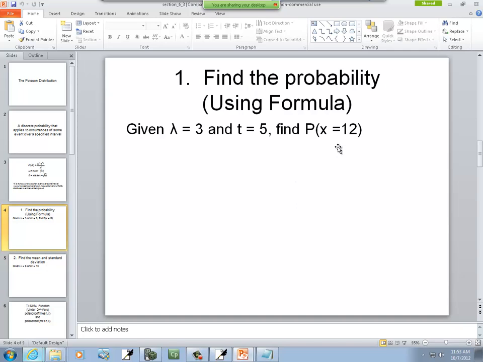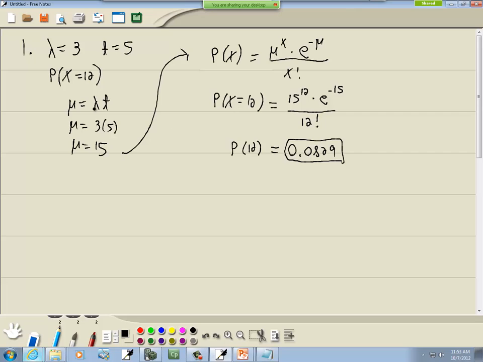Now, one thing I'll mention about the formula, there are no tables on this, by the way, because your mean might be different on every problem. So you'd have to have an infinite number of tables in order to have it. So if you're going to do it by hand, this is how you have to do it. Problem with that is, if I had a problem where x is less than 70, for example, we'd have to do this formula for x equals 0, x equals 1, x equals 2, all the way up to x equals 69.